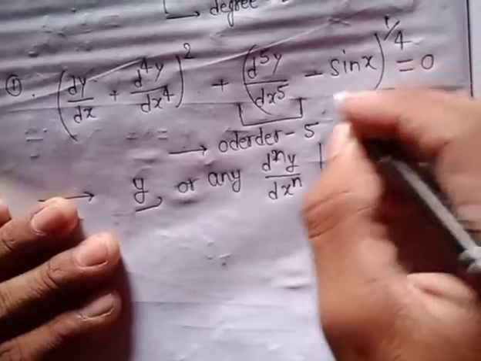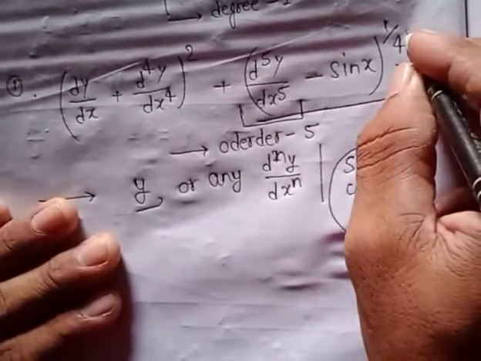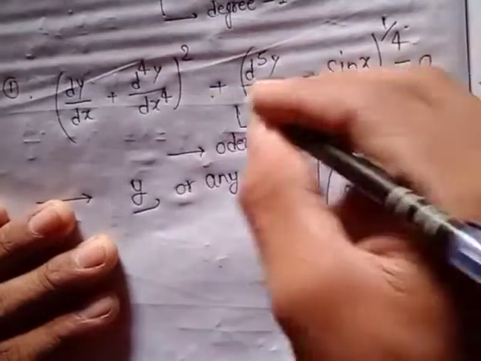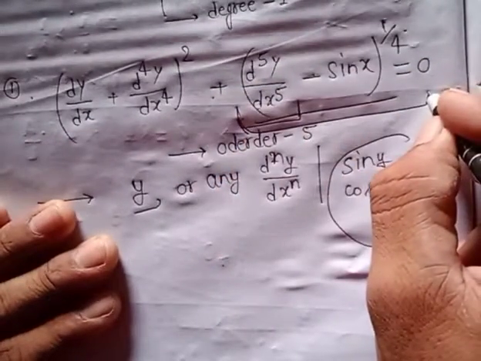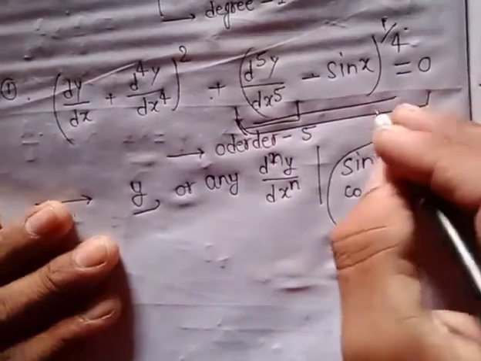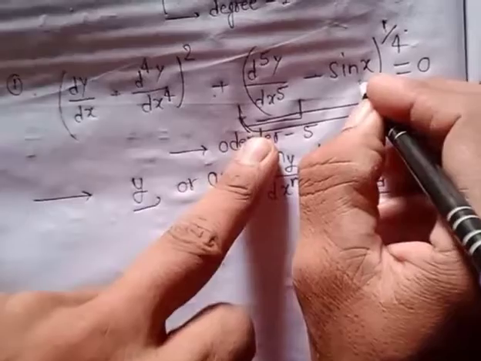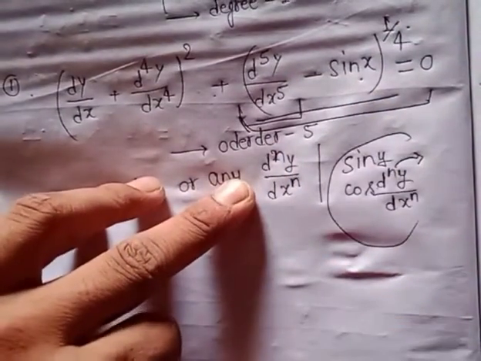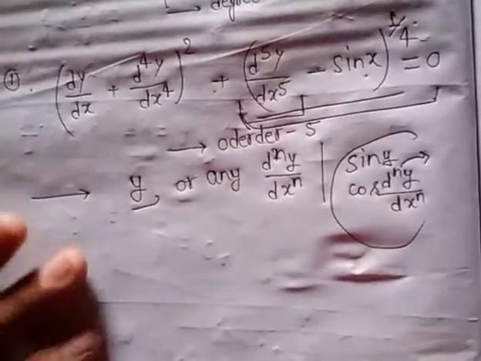As we know, it should be free from the fractional power. So we bring this term to the right hand side, so it will be easy to free this equation from the power 1 by 4, and we take the fourth power of both the sides.